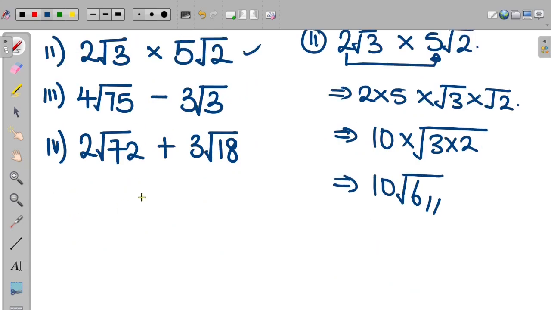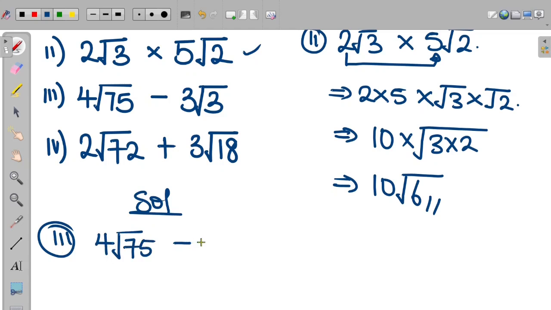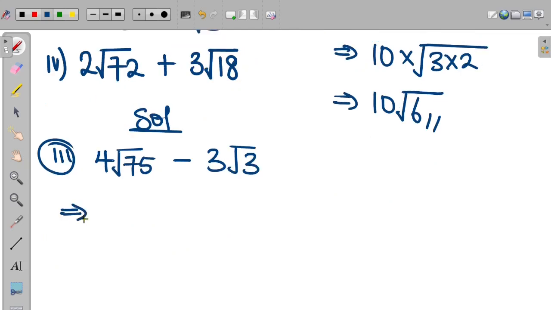Also, for number 3, we have 4 multiplied by root of 75 minus 3 multiplied by root of 3. So we are dealing with question 3. We can express 75 as a product of its factors. So we have 25 times 3, minus 3 root 3.